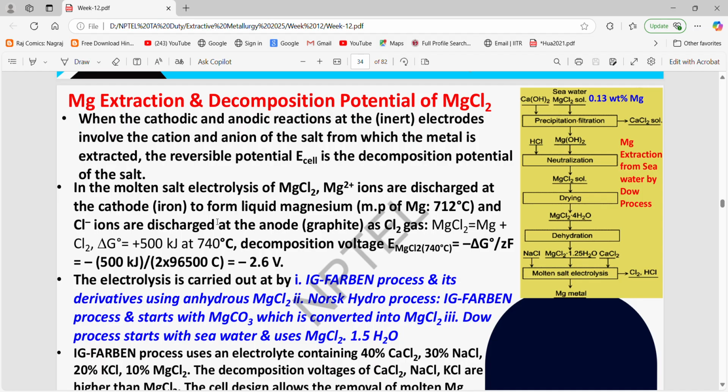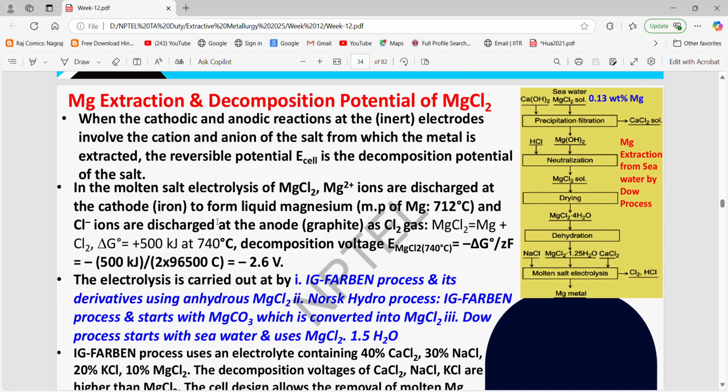So the decomposition voltage for MgCl2 can be calculated as minus delta G naught divided by ZF. So minus 500 kilojoule divided by 2 into 96500 coulomb equals minus 2.6 volt.